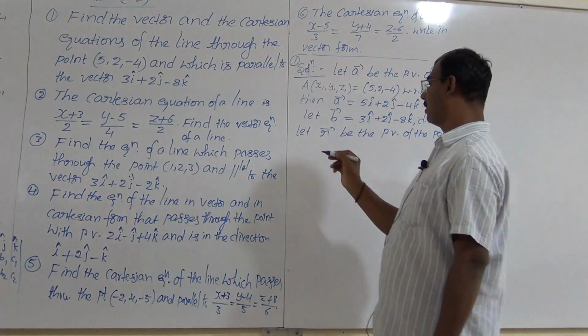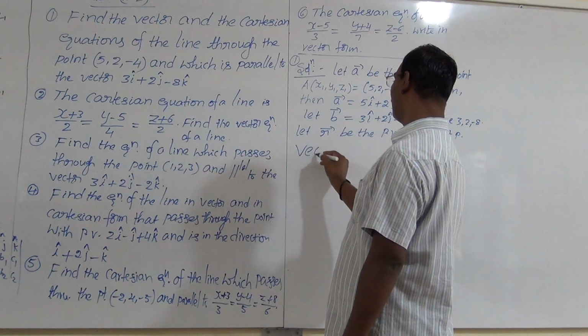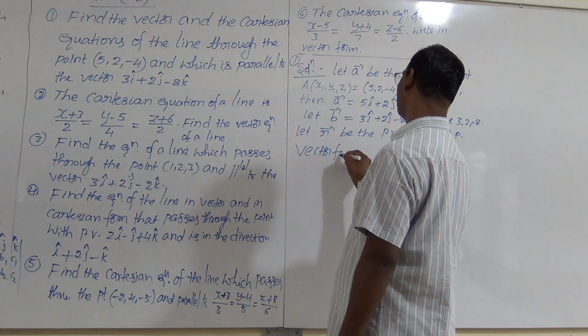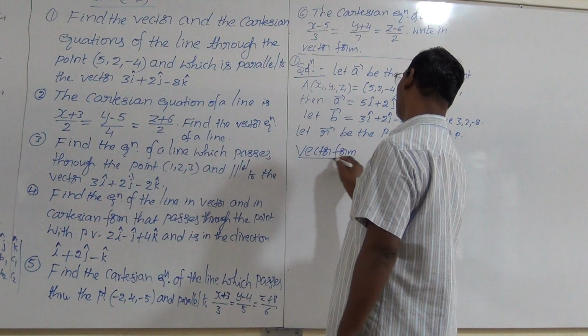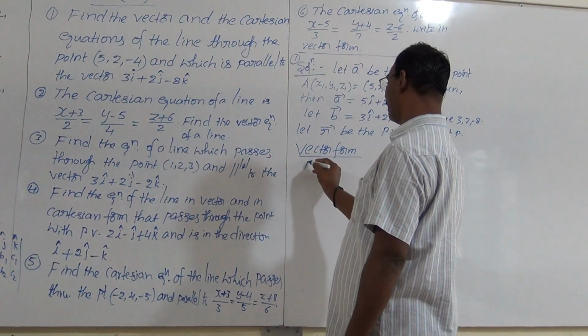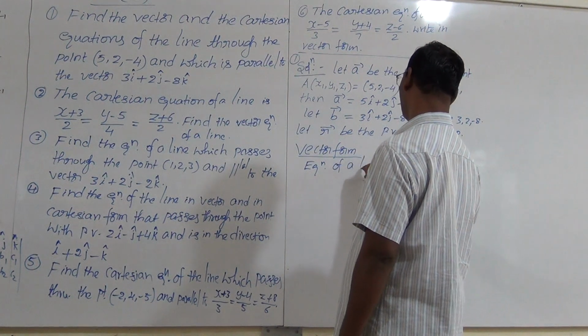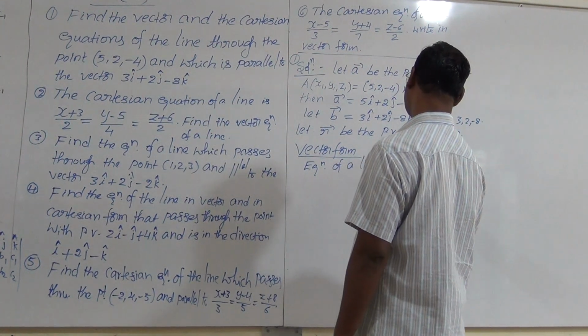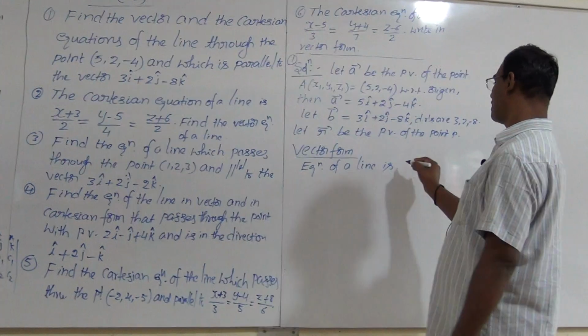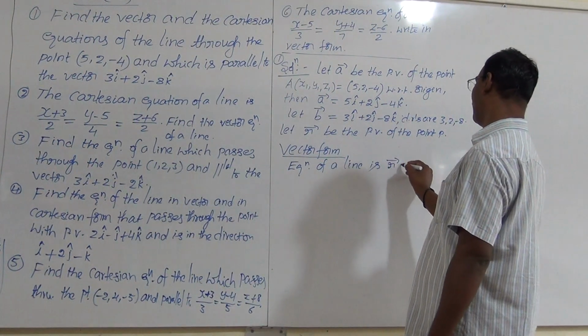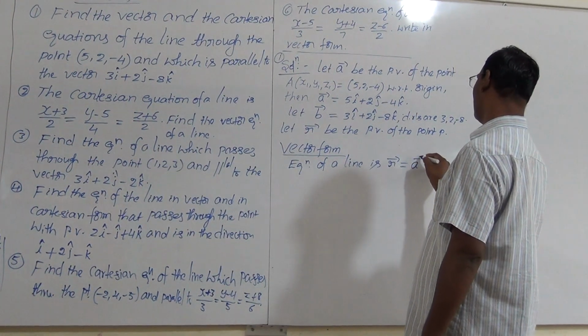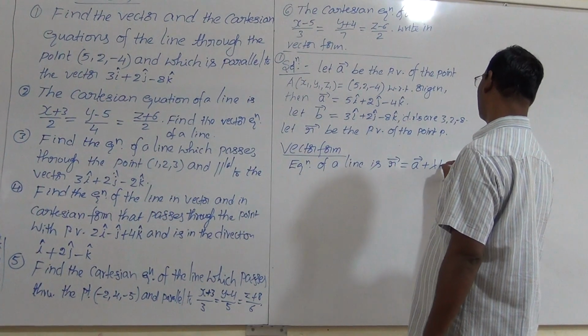We know the vector form, the formula for the equation of a line in vector form. The equation of a line is r bar is equal to, all of you remember the standard form in vector form, a bar plus lambda times b bar.